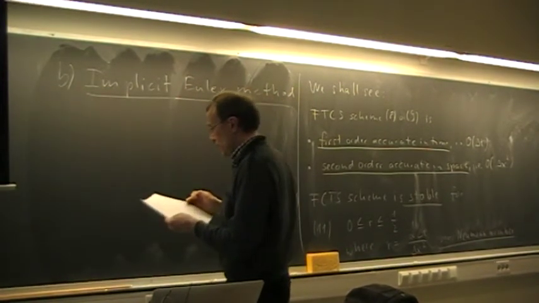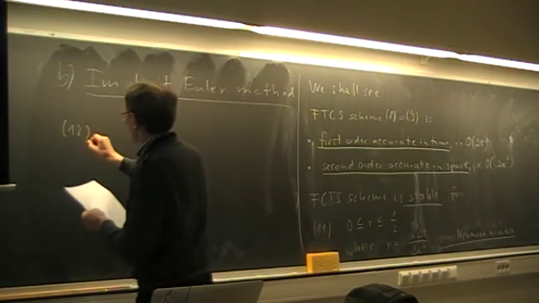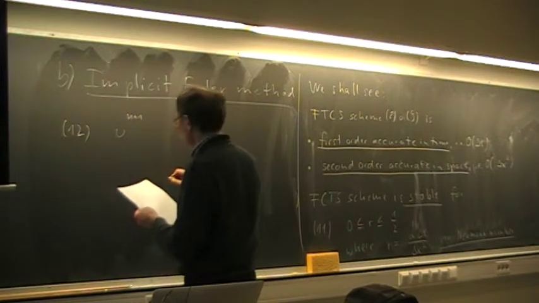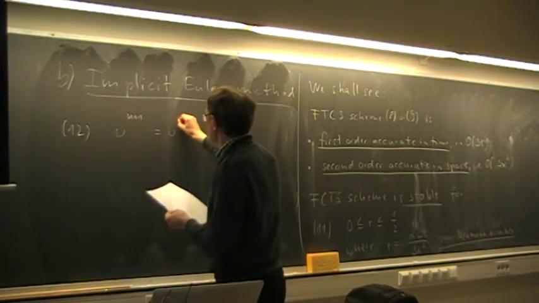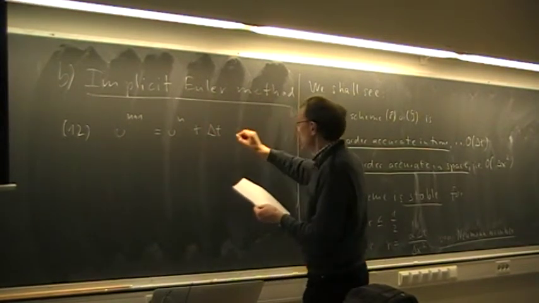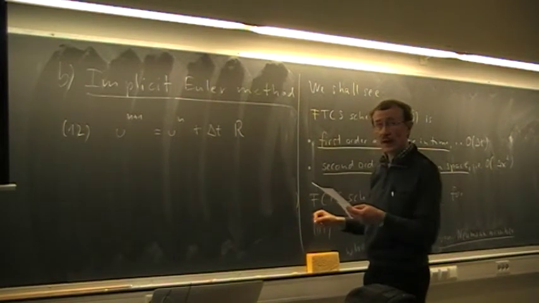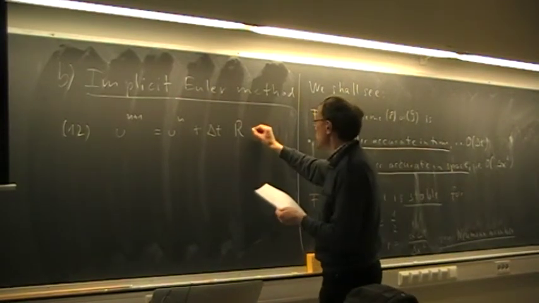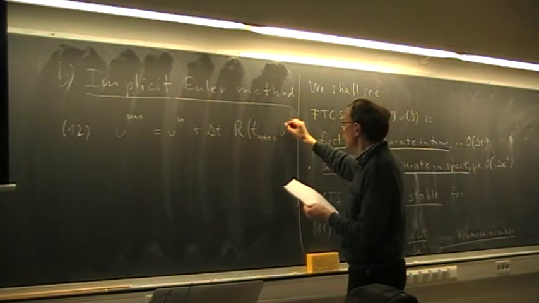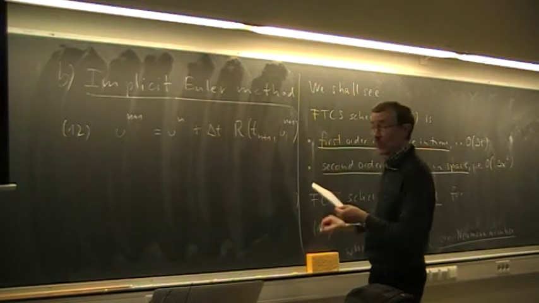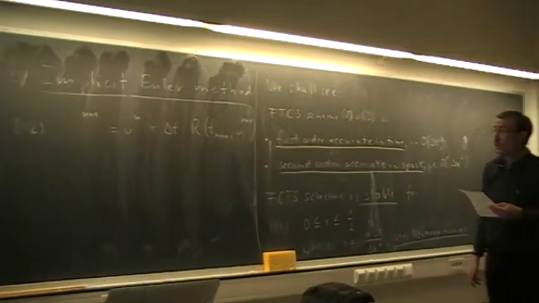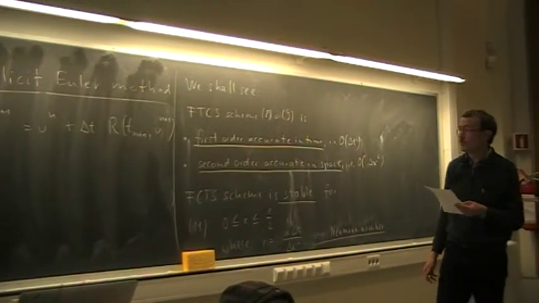So that means that our solution vector U at the new time level is equal to the one at the old time level plus time step delta t, and now this right hand side containing the space discretization is taken at the new time level with the approximation at the new time level. So before we had n here and n here for the explicit Euler method, but now we have n plus 1.